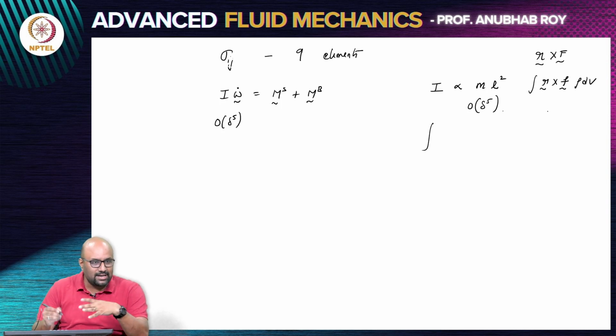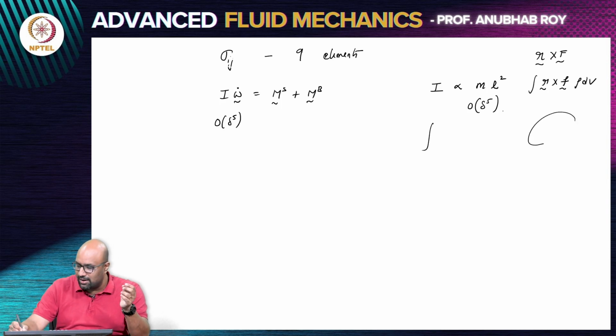You choose any point as the origin, that's the moment arm, and F is the force per unit volume. So here it will be G, the acceleration, since I have used rho already. If I don't have rho, then it would just be F dV. In the case of weight, this would be rho G dV.